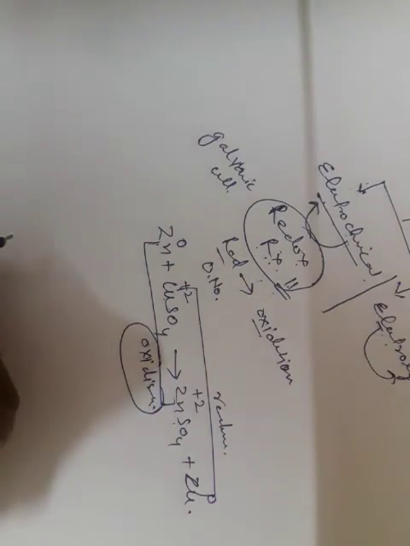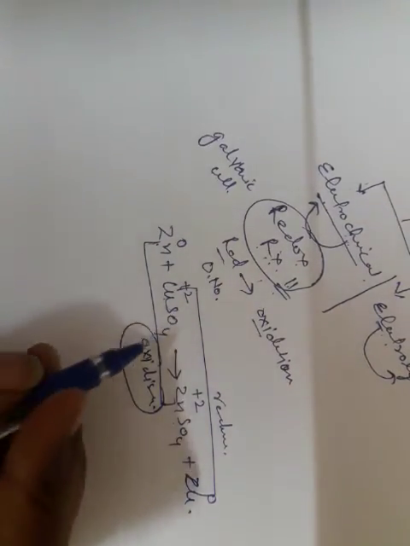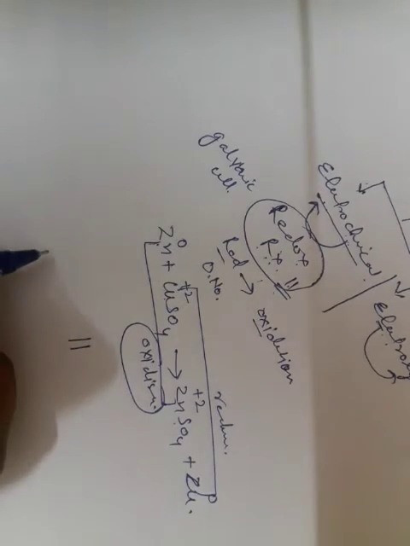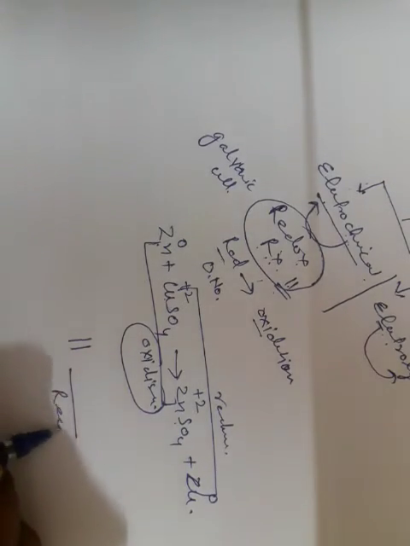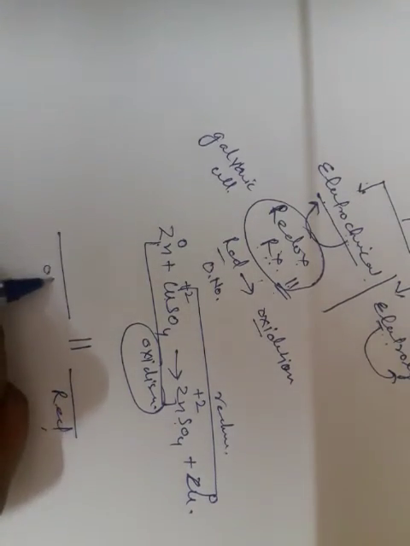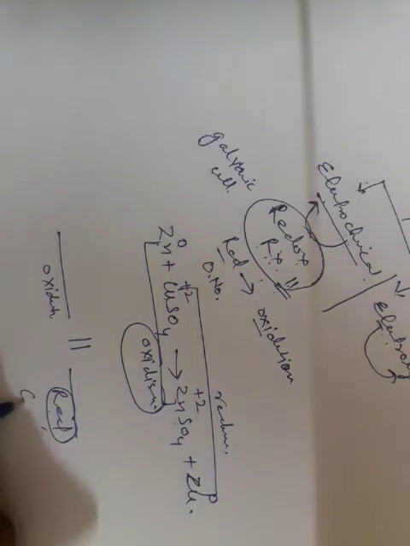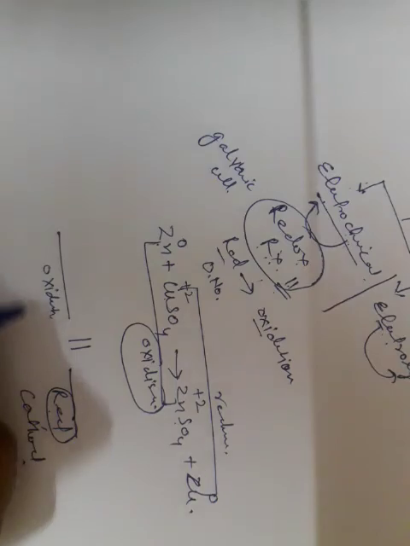Now how are we going to represent this electrochemical cell in a single line? First of all, we place the salt bridge in between. The right side is for reduction and the left side for oxidation. Reduction means cathode. Oxidation means anode.